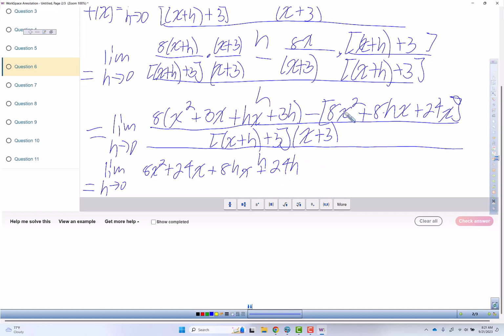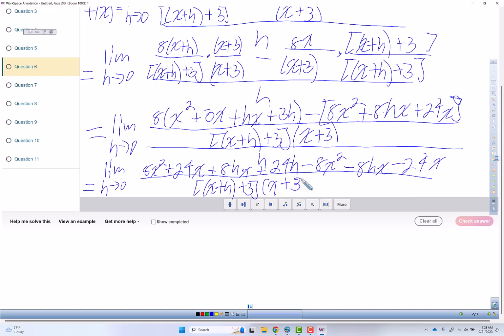And I'm going to distribute the negative sign in here, negative 8x squared minus 8hx minus 24x, all over our common denominator x plus h plus 3 times x plus 3, all of that over h.